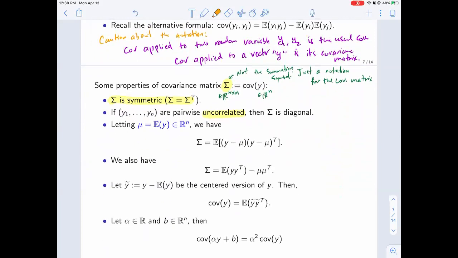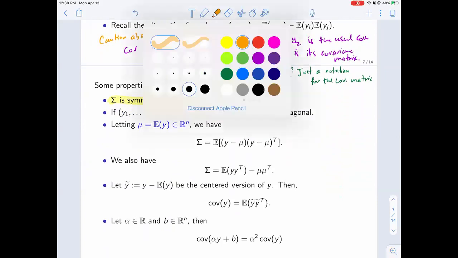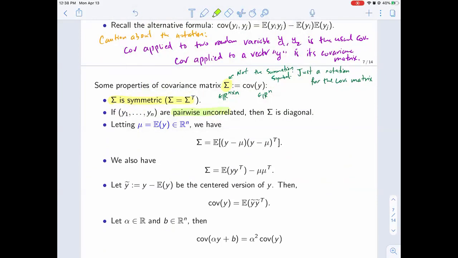The other property is that the random variables are pairwise uncorrelated. What does pairwise uncorrelated mean? That means they are independent. No, that's not the case. That's important too. There's a distinction between independence and uncorrelatedness. Uncorrelated means their covariance is 0. They're not necessarily independent.